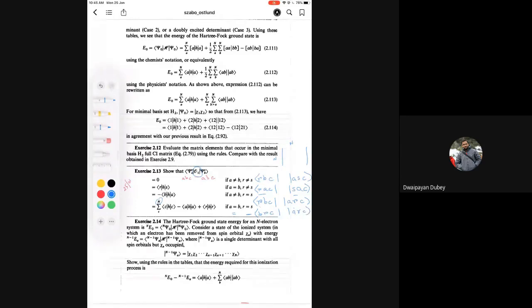Now the common orbitals are in the same position, and I can write my matrix element between B and A. So that is the third part. Is it clear? Everyone has got up to the third part.